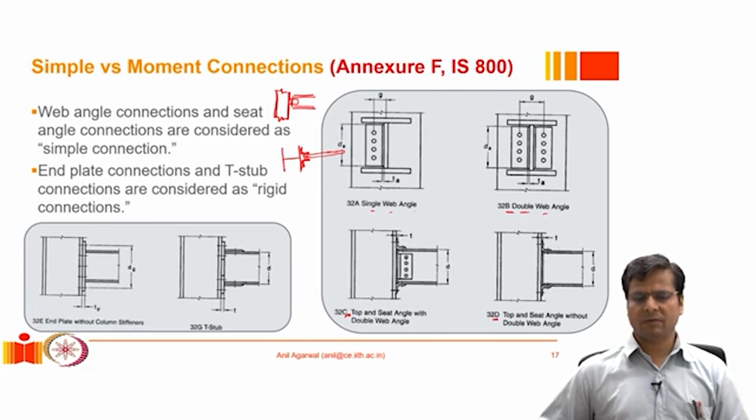In such a case, we may consider putting a double angle. Double angle connections are more stable and are often utilized. In a double angle, we would have 2 angles back to back on that beam web, and again they will be welded or bolted to the column flange.